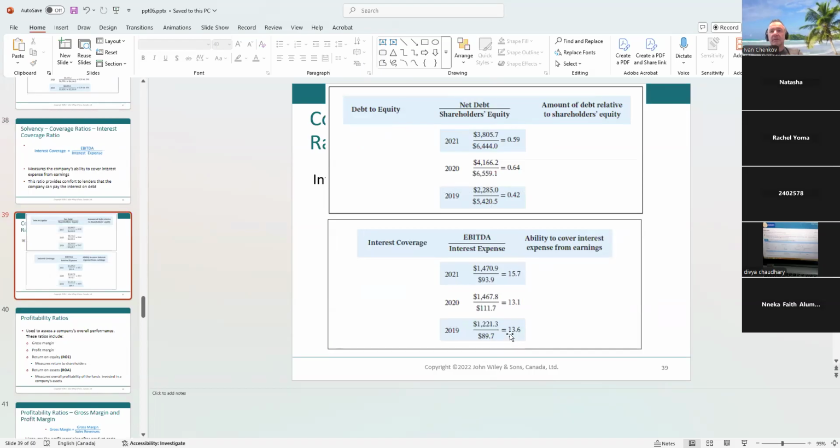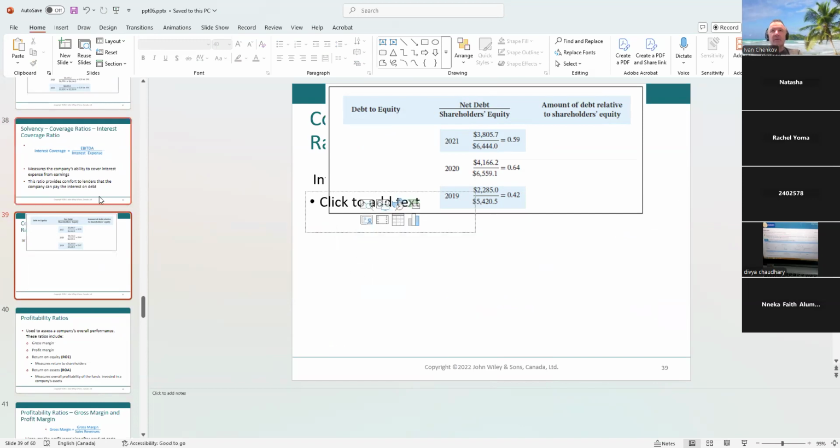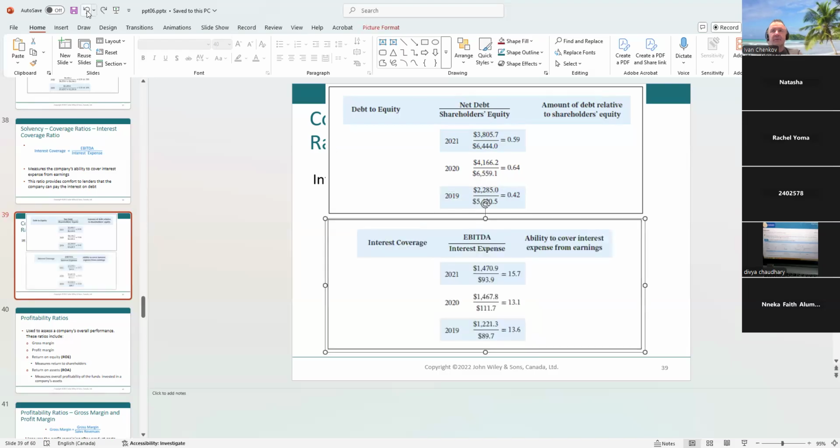When my debt represents 42% and the other 58% is equity, I can pay with my income before interest and taxes my financial cost 13.6 times. Now, when my debt increases to almost 60%, I'm in a better position.